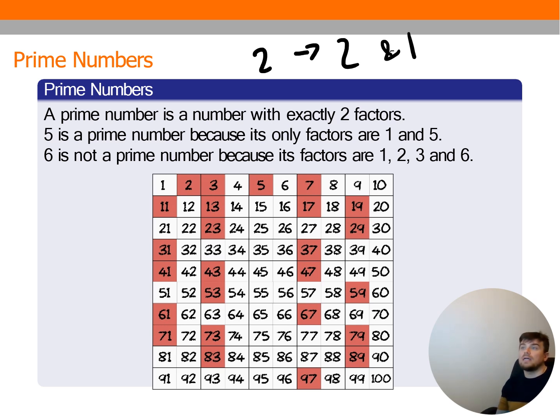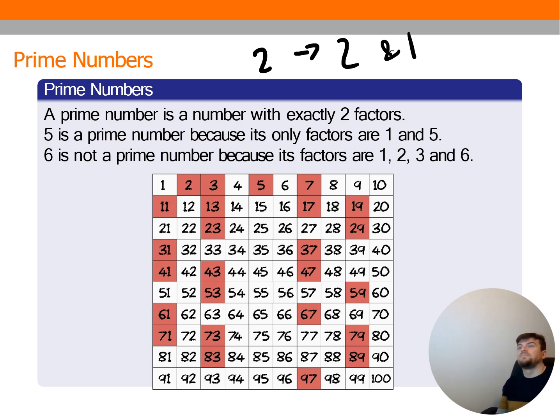So to understand if we have a prime number, if we have an even number, we know that number most likely won't be, only if it's 2. So for example, 64, we know we can divide that by 2 and get 32 here.